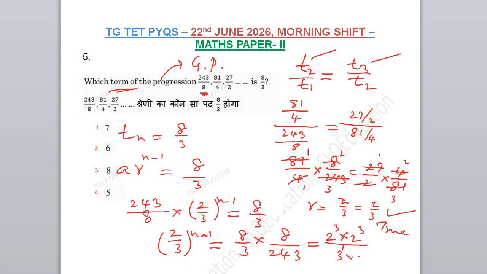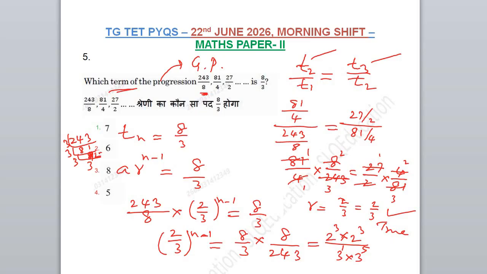So this is 3 to the power of 1 into this 243, which is nothing but 3 to the power of, how much? If you take the prime factorization of this one, 3 ones are 3, then 3 threes are 9, 3 nines are 27, then 3 nines are, then again 3 threes are.